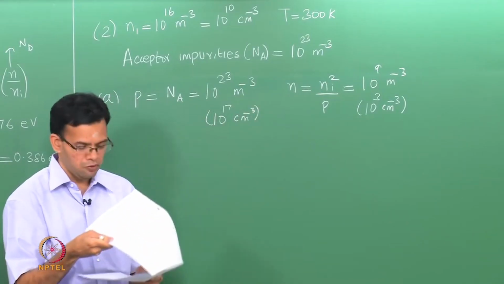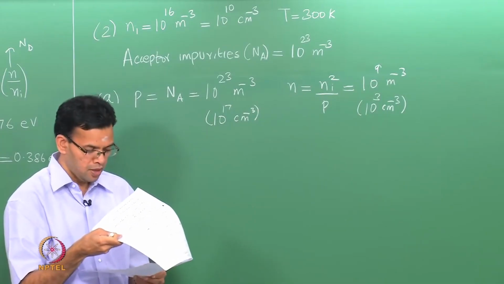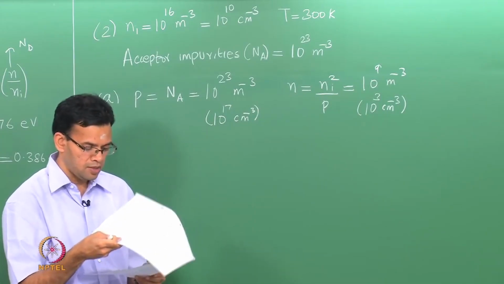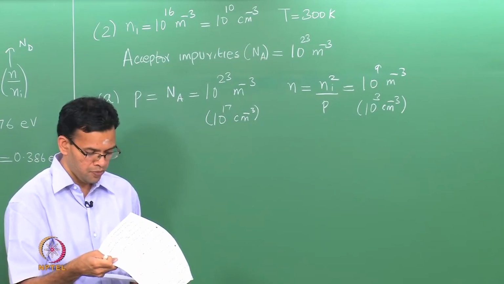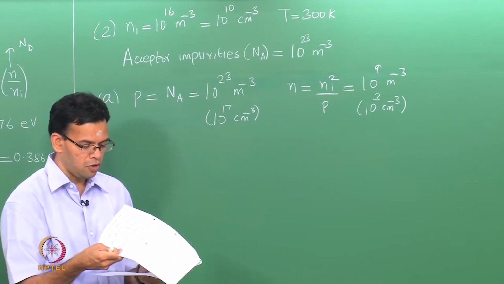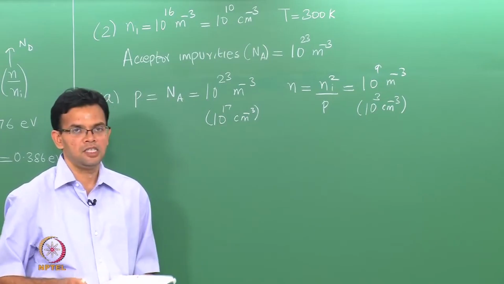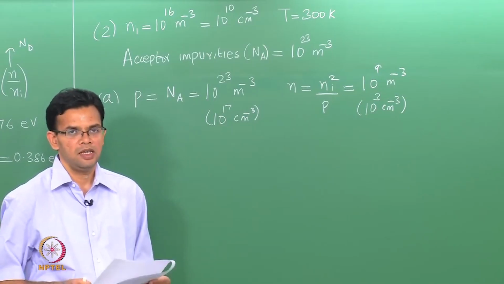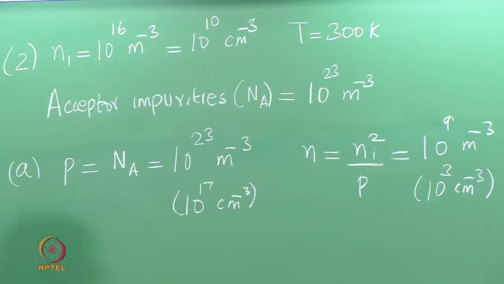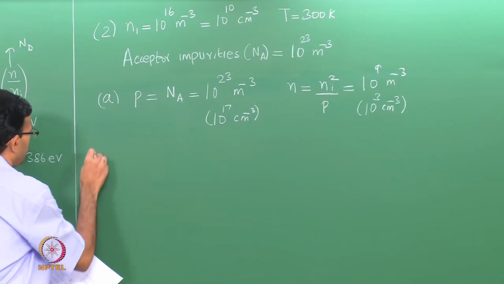In part B, assuming that the effective masses of electrons and holes are equal to the free electron mass, calculate Eg, the band gap, and Ef, the position of the Fermi level. So, this is part A.